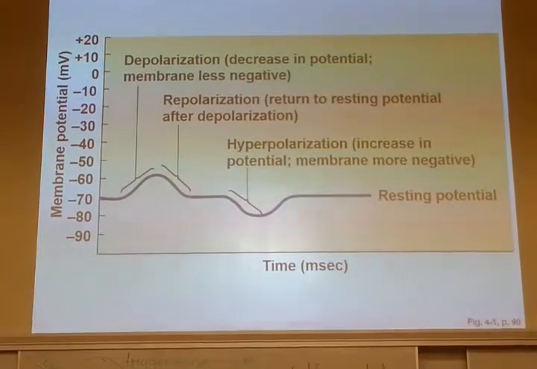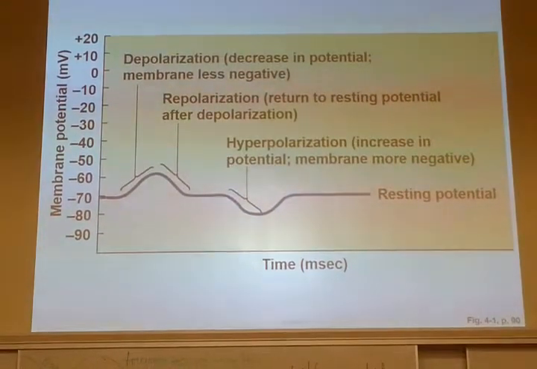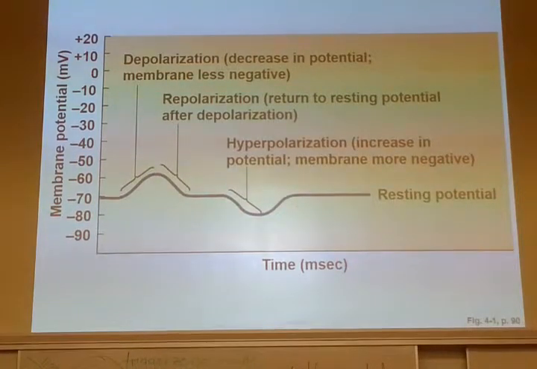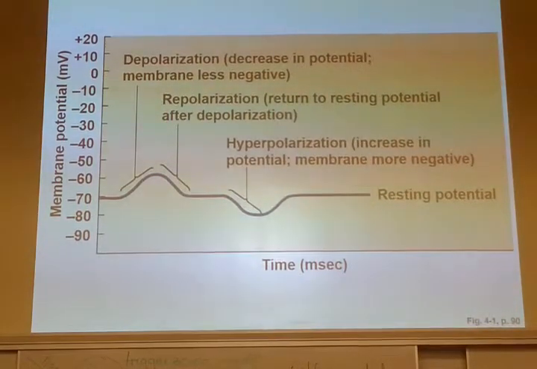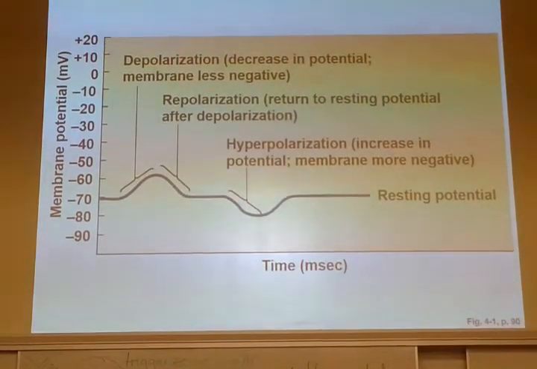Why doesn't another action potential get generated? Because when you're repolarizing, not all of your channels are back to their original conformation, and they can't be opened again. It can't be opened when the inactivation gate is closed.